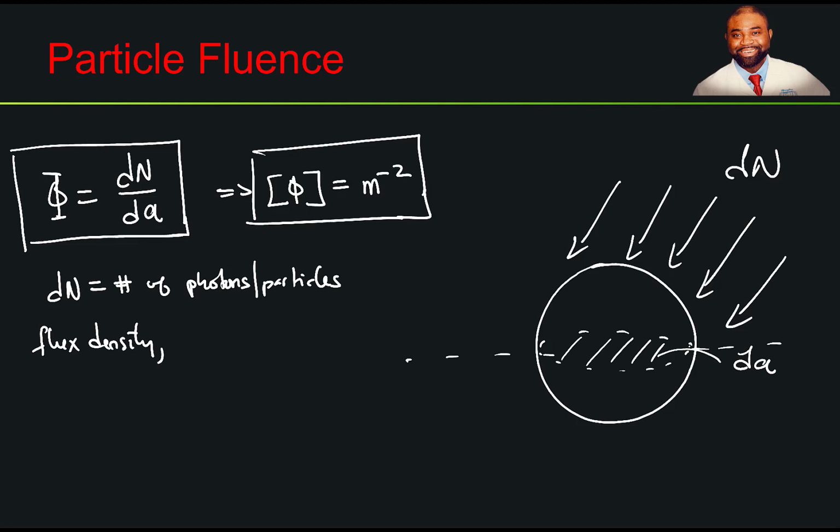The flux density psi is simply the rate at which the particle fluence changes.